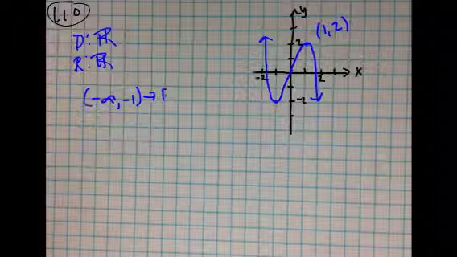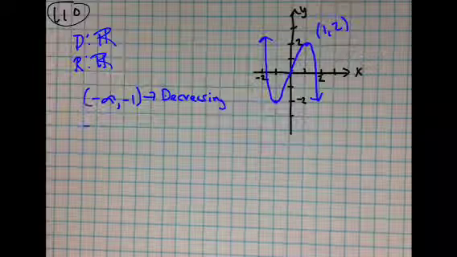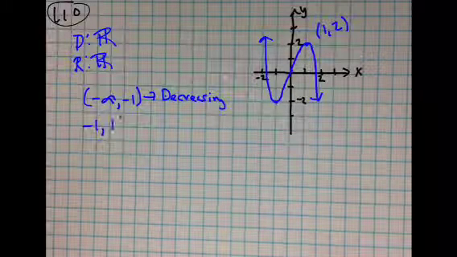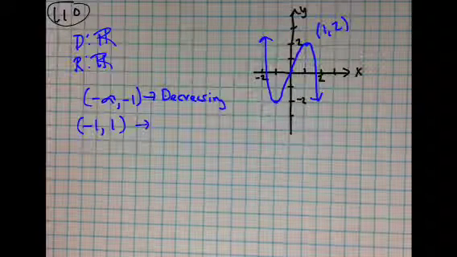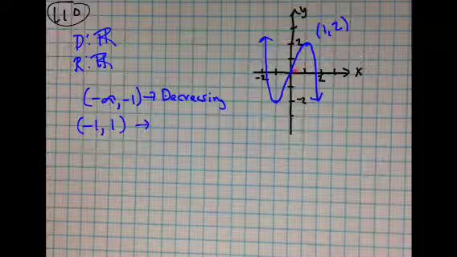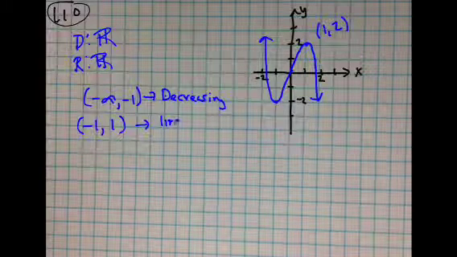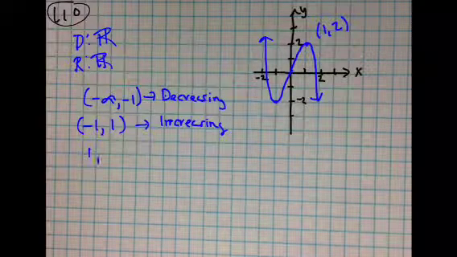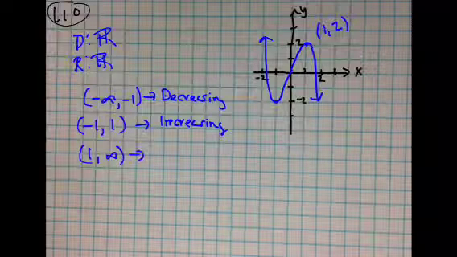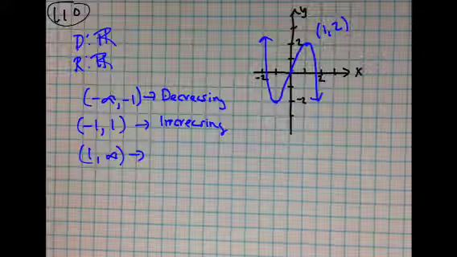I'm sorry, decreasing. From -1 to 1, and this is an open interval, okay, it's not an ordered pair. So I'm saying from here to here, okay, it's increasing. And then from 1 to infinity, so that's from here to here, it's decreasing.